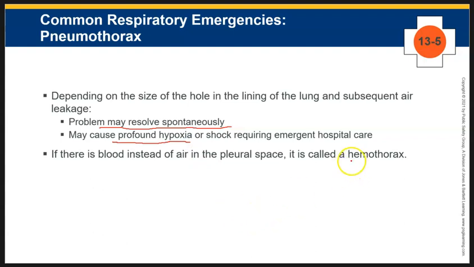Now, additionally, we can have a hemothorax. If we change this prefix, we're not talking about air in the space, we're talking about blood in the space. But the same result in terms of profound hypoxia due to essentially collapsing that lung as we introduce something into the sac outside, the pleura.